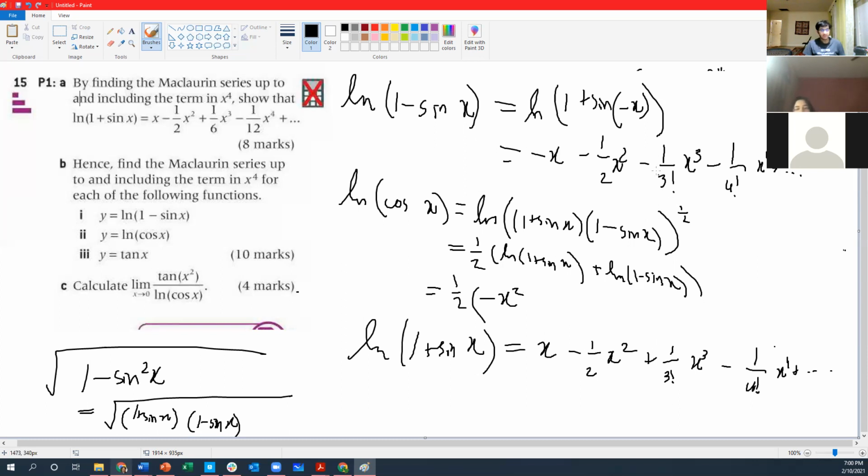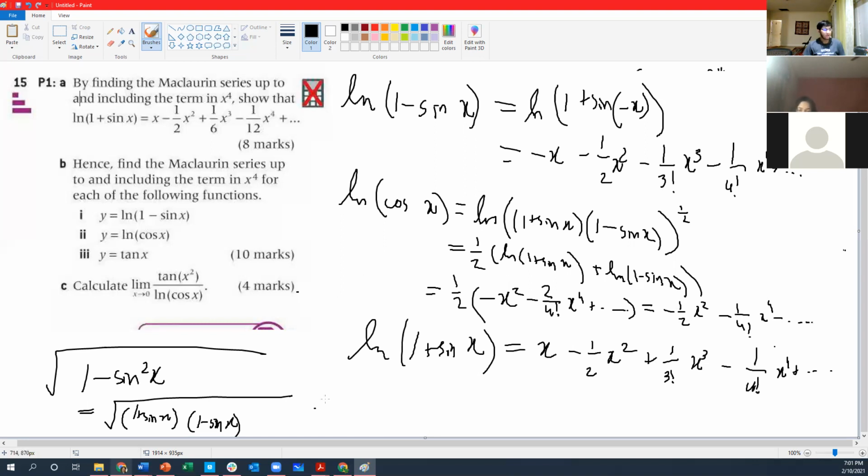This and this will cancel, and then minus 1 over 4 factorial becomes minus 2 over 4 factorial x to the 4th, and then of course dot dot dot. If you wanted to simplify this, it would be minus 1/2 x squared minus 1 over 4 factorial x to the 4th minus dot dot dot. Okay, that's how we do ln cos x.